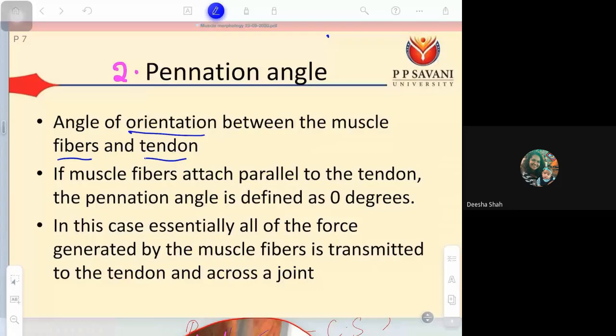If the muscle fiber is attached parallel to the tendon, the pennation angle is defined as 0 degrees. So what is 0?